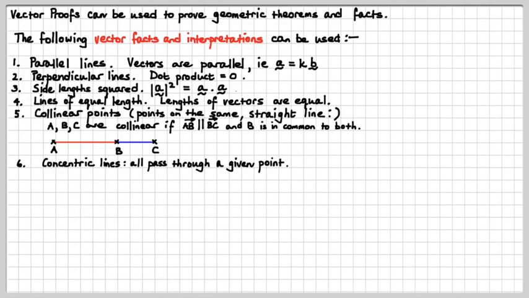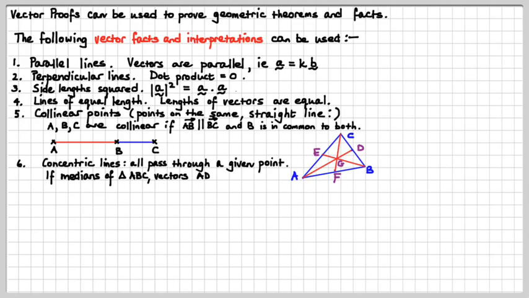Concurrent lines. Now that means they all pass through the same point, okay? That's what that means. Now, I've drawn you a little diagram here with that concept. That's a triangle, and it happens that the medians of a triangle are concurrent.